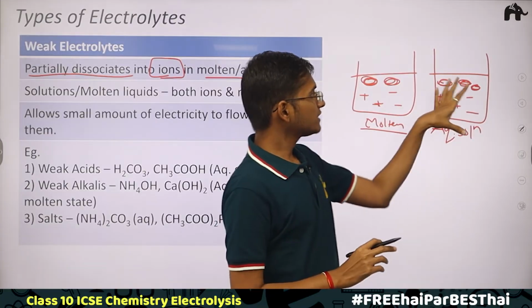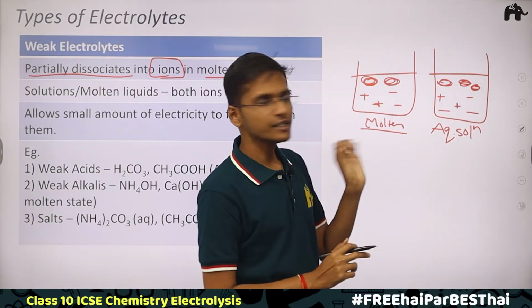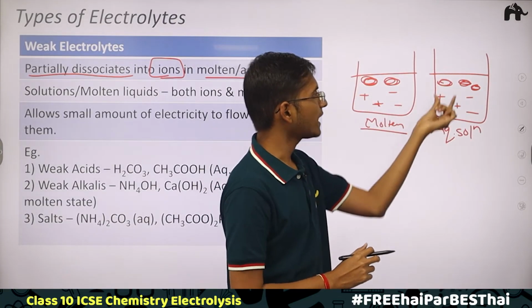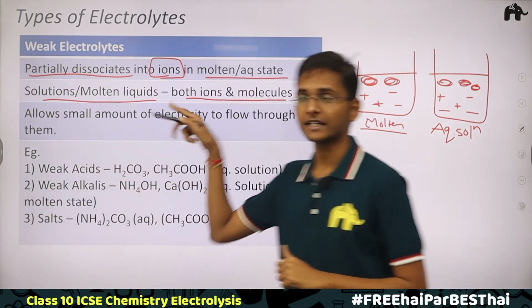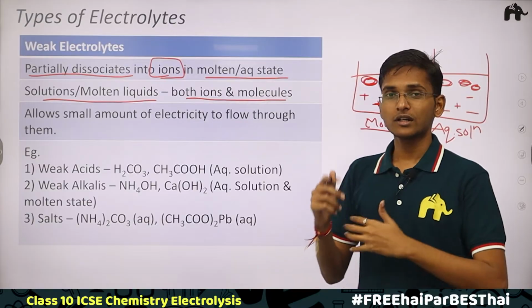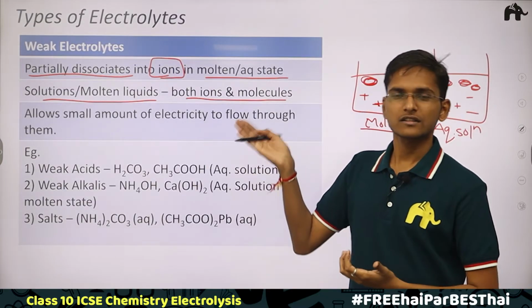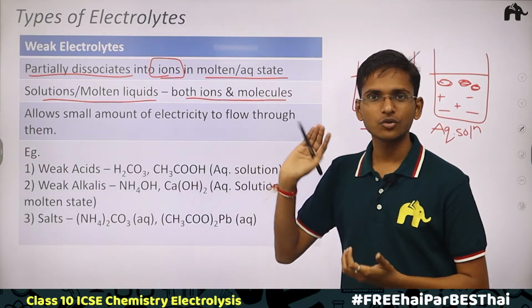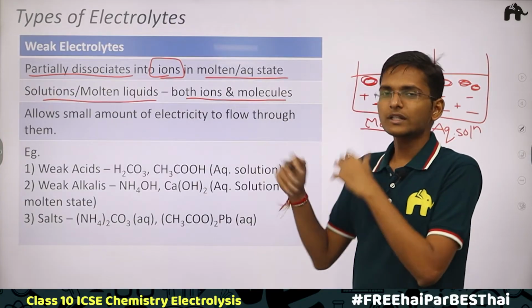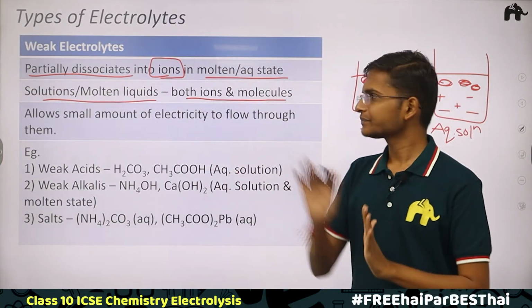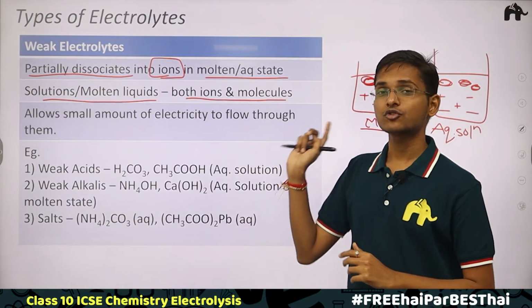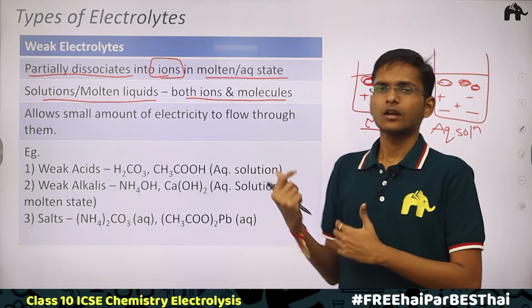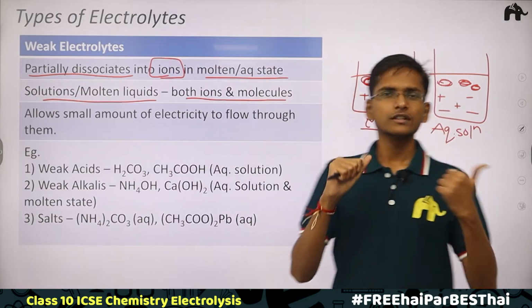So that's why, in their aqueous solutions and in their molten state, you would find both molecules as well as ions. Clear? So this was the concept behind the weak electrolytes. Very important. So many questions are being asked repetitively based on this concept. You have to use this concept and answer the different types of questions. Clear? These weak electrolytes have both ions and molecules in their aqueous solution as well as in their molten states.